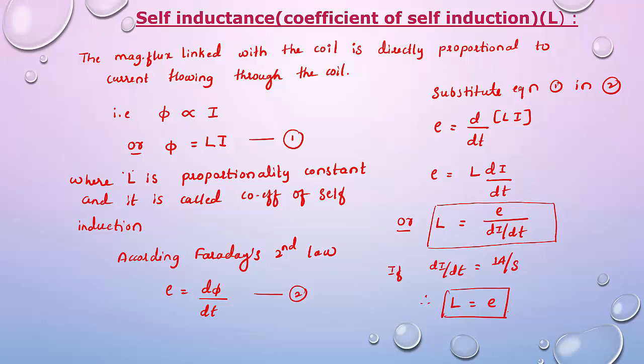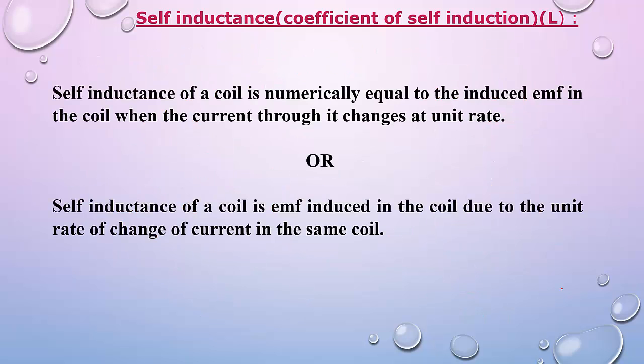Then how to define self-inductance using this equation 3? You can use equations 3 and 4 to define self-inductance. Self-inductance of a coil is numerically equal to the induced EMF in a coil when current through it changes at unit rate. The equation is L equal to E divided by di by dt. Using this equation, you can write the definition.